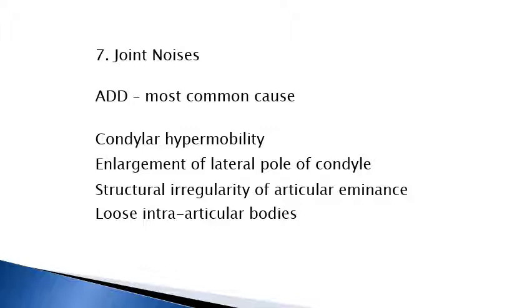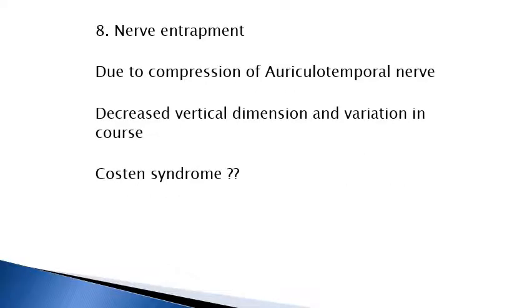Then anterior disc displacement, joint noises which are there. Some textbooks write crepitus. That is something like a dry leaf when you crush it in your palm with your fingers, and then you have the clicking sounds which are there, or popping sounds which are there.